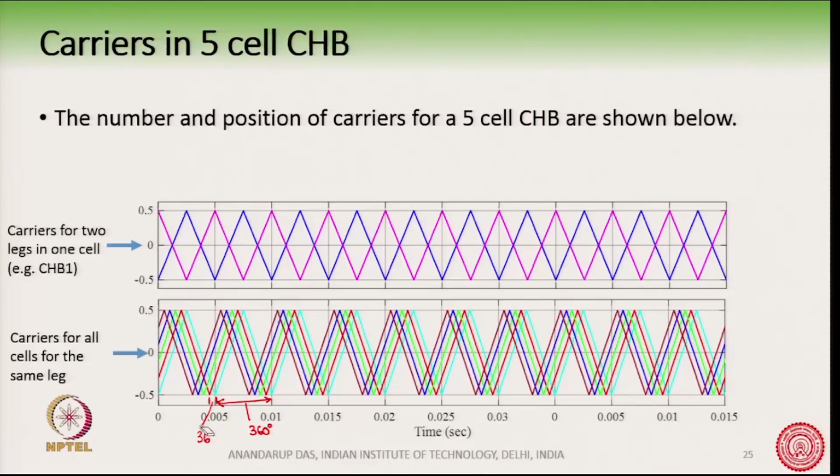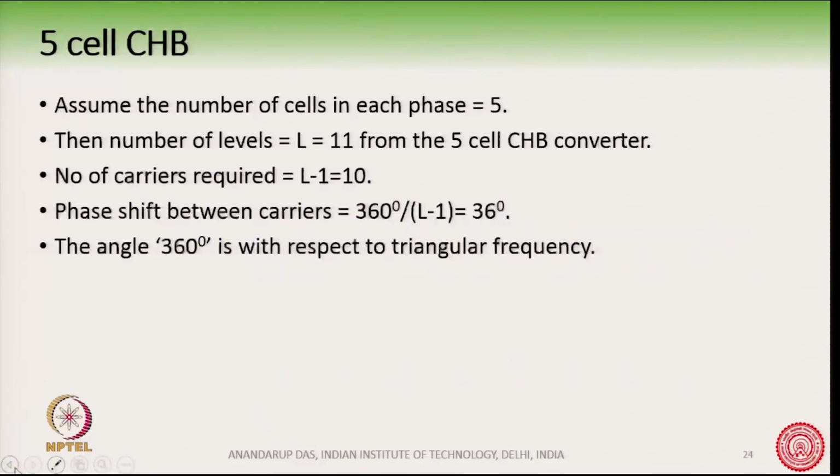Okay. So, the important thing to note here is, if this is 360 degree in the carrier frequency, then this angle is 36 degree, and how do we get that? We get that from this formula. Okay.